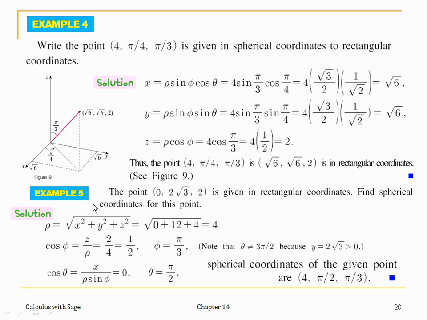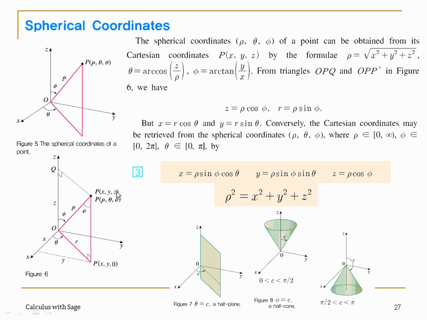So the point x, y, z can be represented as a length, which is rho, and the angle from the x-axis is theta, and the angle from the z-axis is phi. So go theta degrees this much, and phi degrees from the z-axis, and the length is rho, that represents the same point in the rectangular coordinate in spherical coordinate.